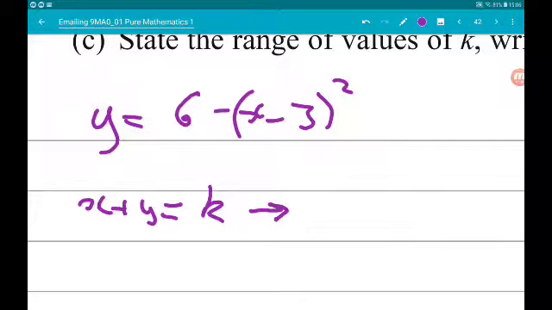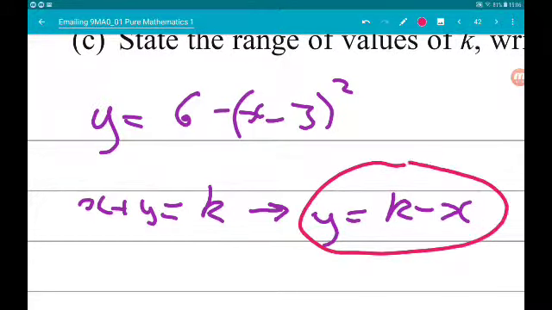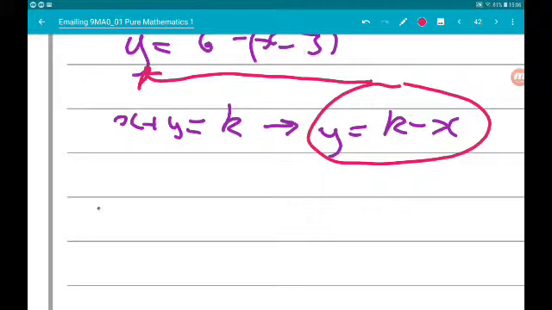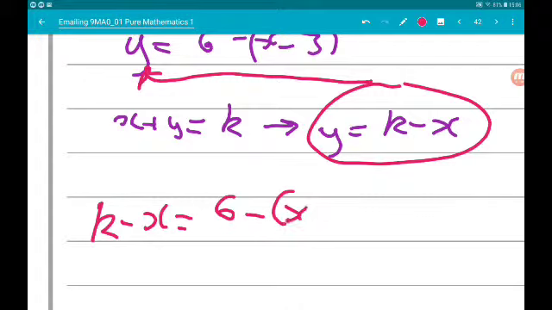So we get y is equal to k minus x. Now we're going to substitute that into this equation, so we get k minus x is equal to 6 minus (x minus 3) squared.